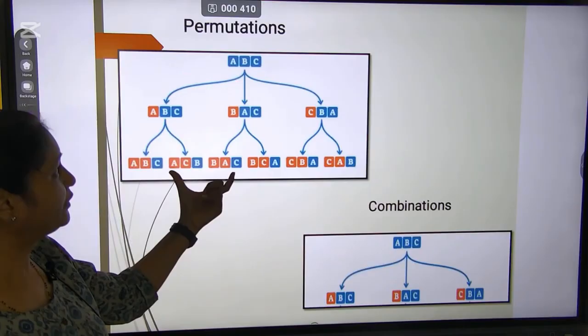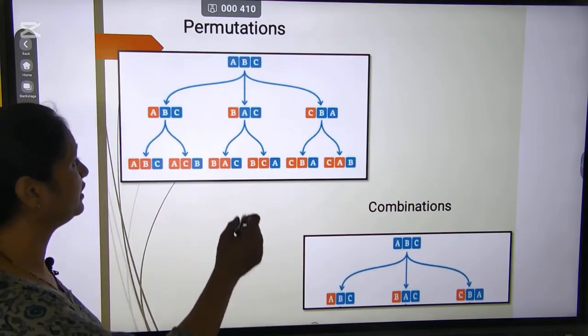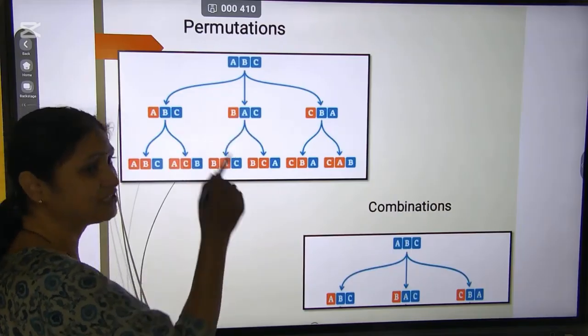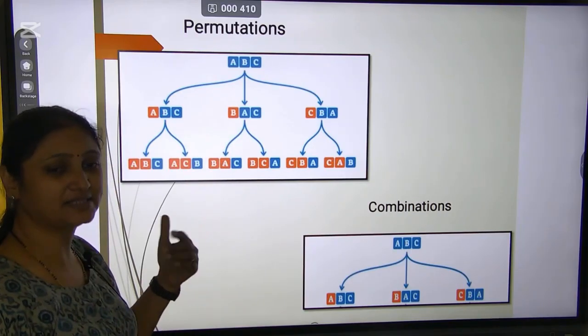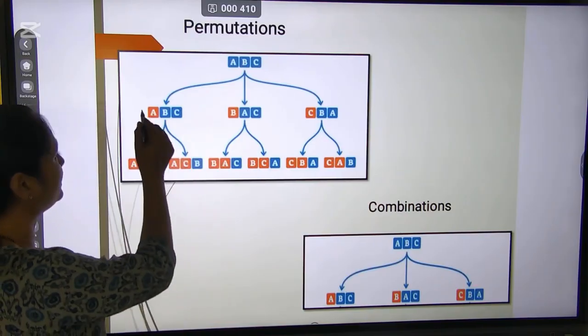So this is the example of permutations and this is the example of combination. For example, we have three chairs and we have to arrange them in a certain order.